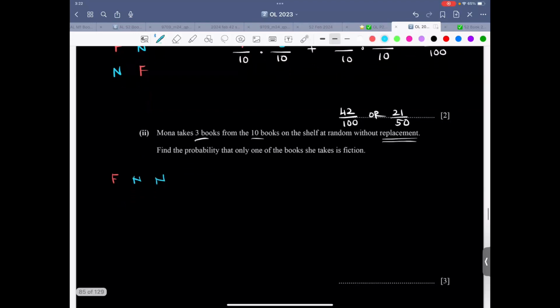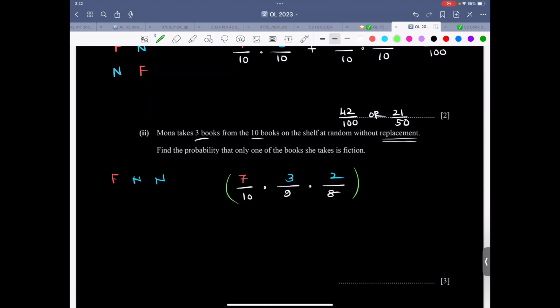Now, first of all, let me again focus on the denominator. That is 10, then 9, and then 8. Now for fiction, I'll write 7. For non-fiction, I'll write 3, and then 3 reduces to 2.